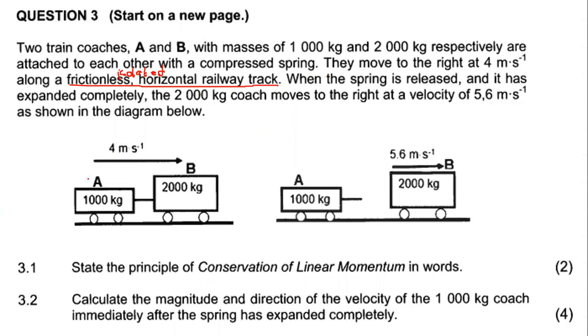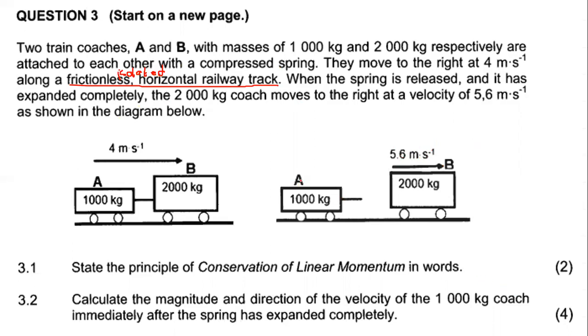Now, when the compressed spring is released and it has completely expanded, the 2,000 kilogram coach moves to the right at a velocity of 5.6 meters per second, as shown in the diagram below.